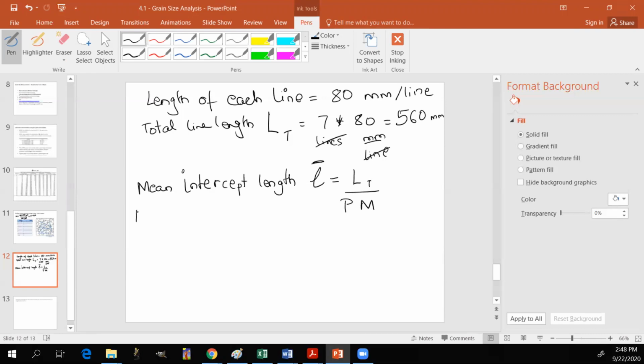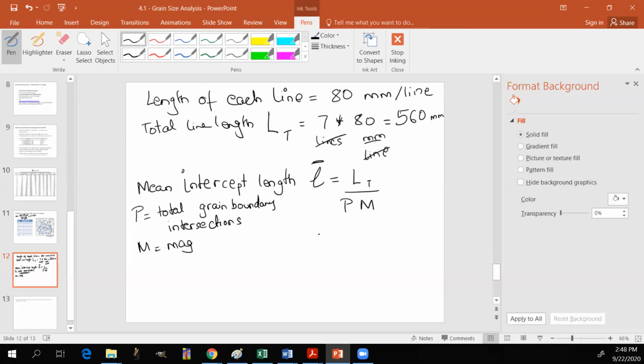So P is grain boundary intersections, and M was the mag, right?